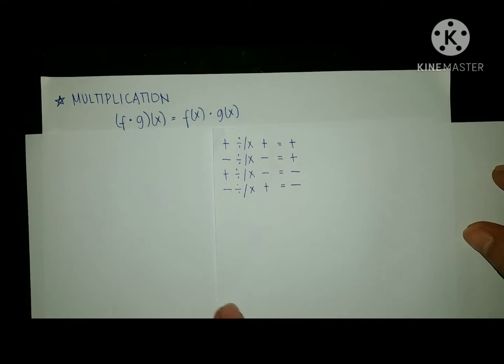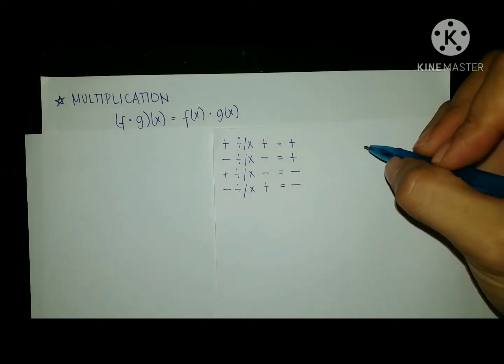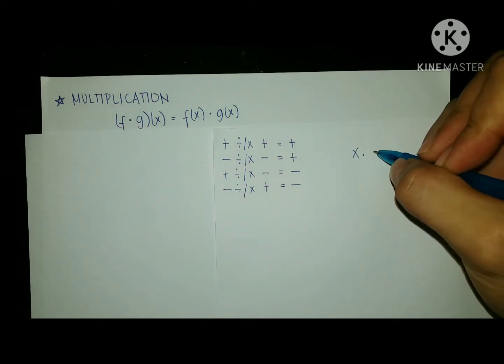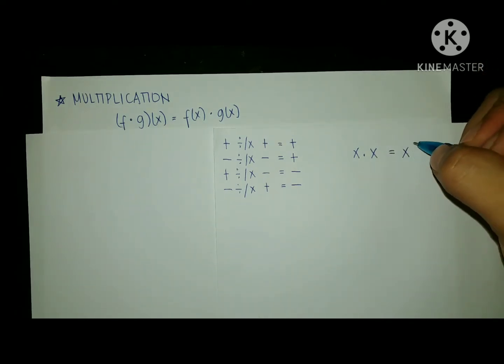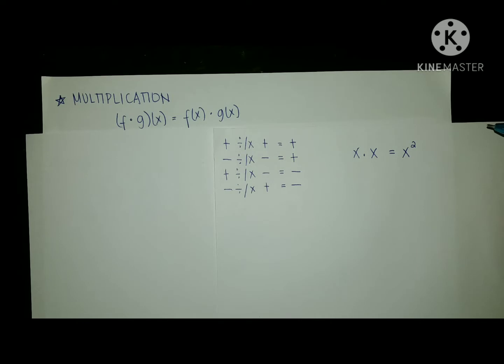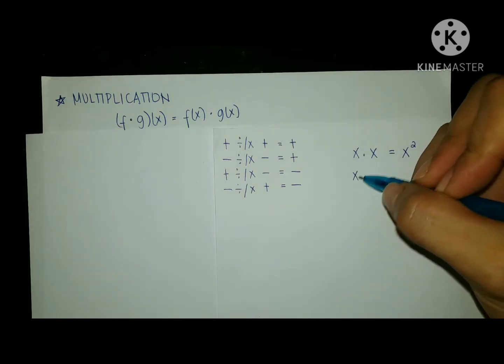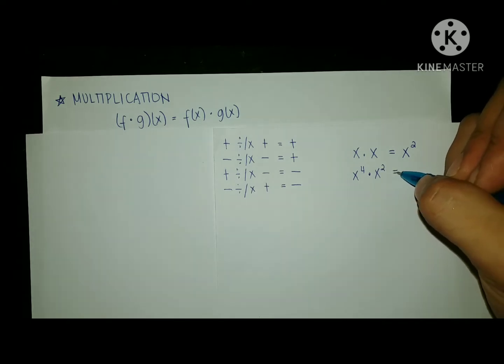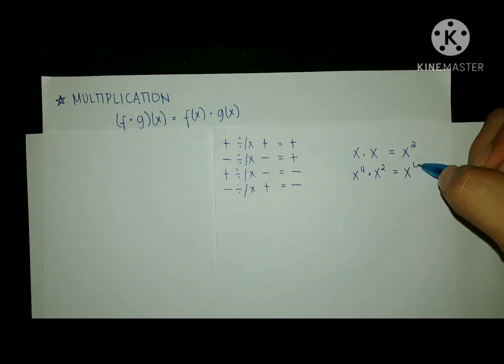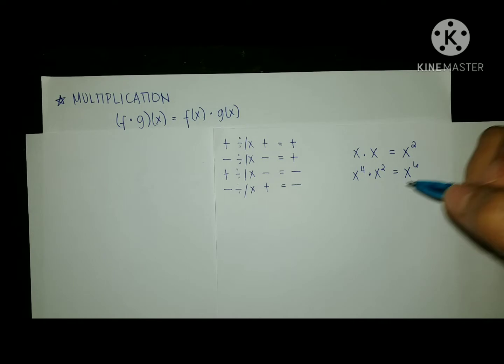Next will be the multiplication of monomials. For example, we have x times x. x times x is equal to x squared. Then x raised to 4 times x squared is equal to x raised to 6.